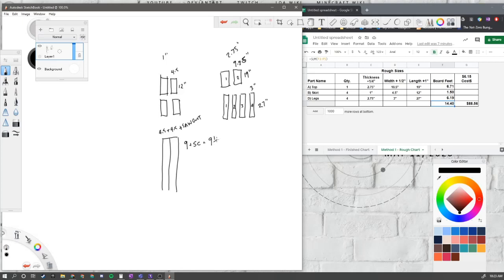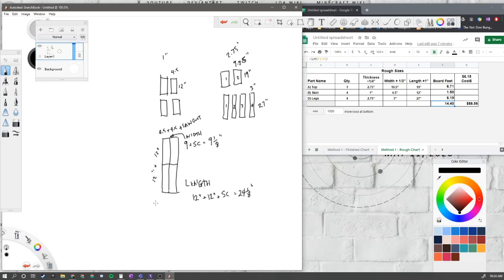So 9 1/8, and that is for the width. For the length, I know that I need a 12-inch piece and another 12-inch piece. So for the length, it's going to end up being 12 inches plus 12 inches plus the saw cut, which is equal to 24 1/8. Okay?